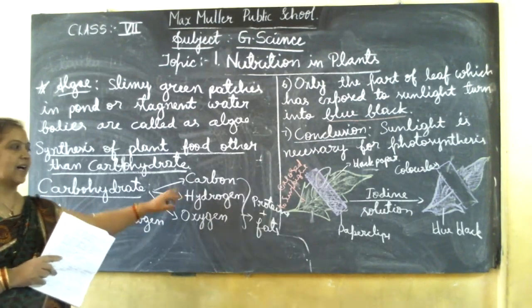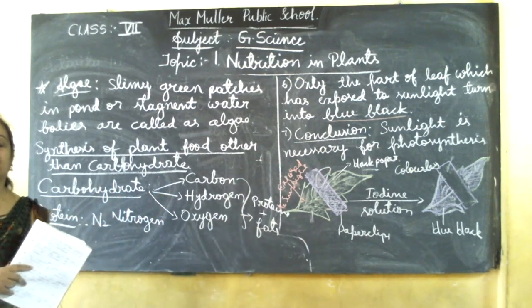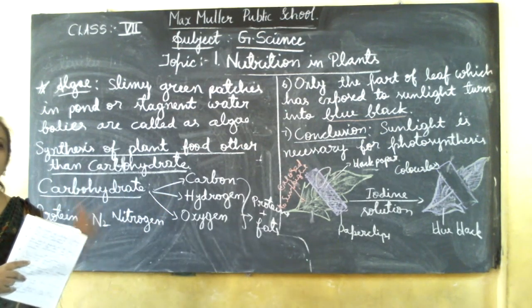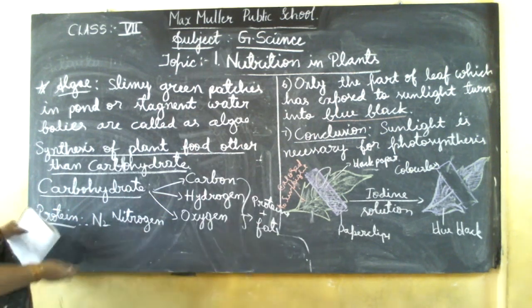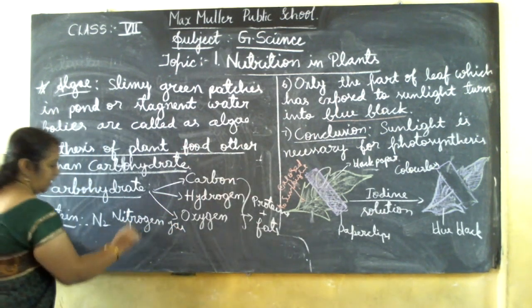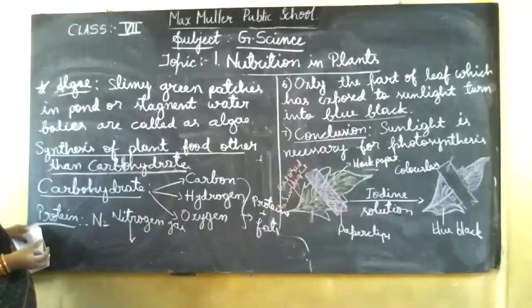It can suck the carbon dioxide and the oxygen, but nitrogen gas it is not able to take directly from the environment. So what will it do? This nitrogen is in a gaseous form in the atmosphere. The plant wants it in a solid form, along with the soil or mixed with water.